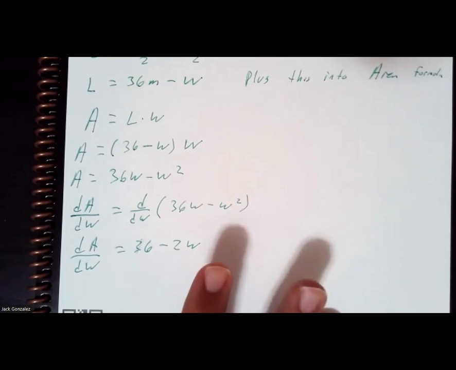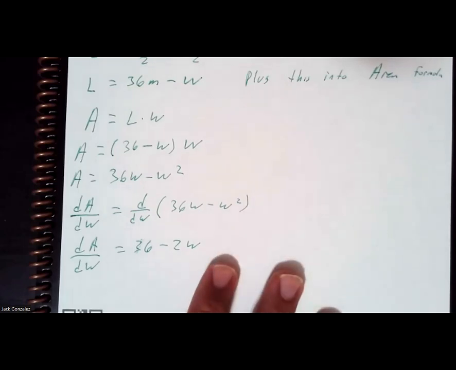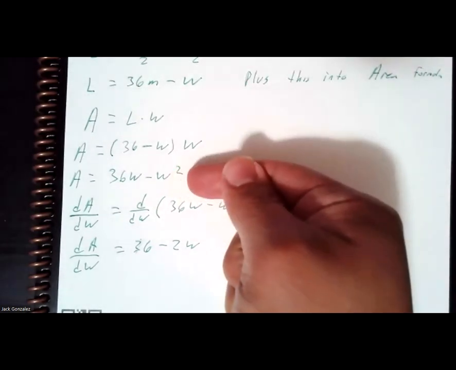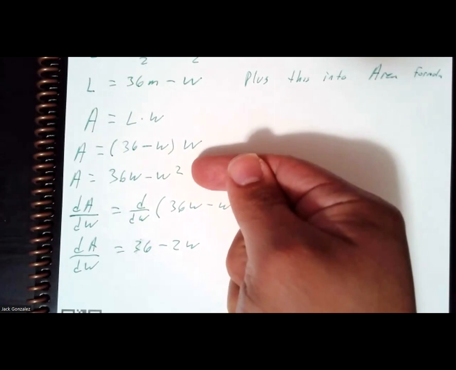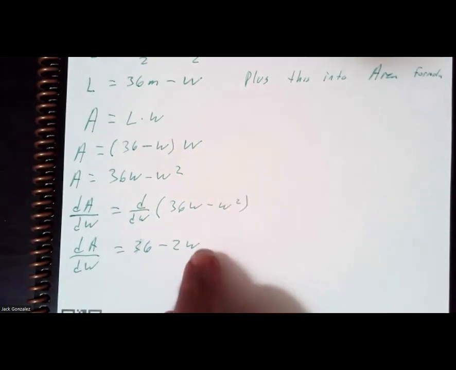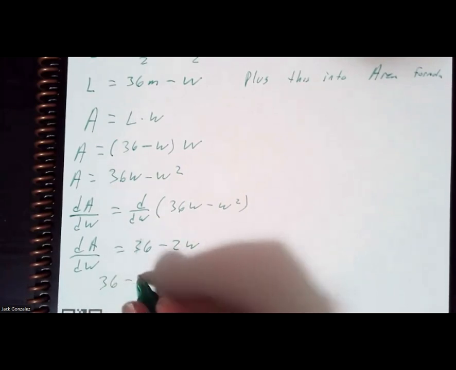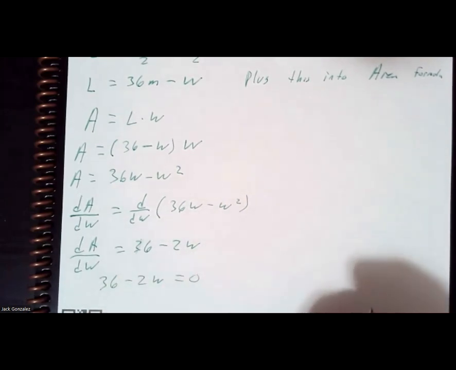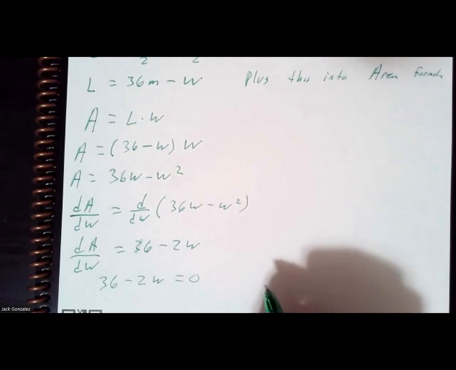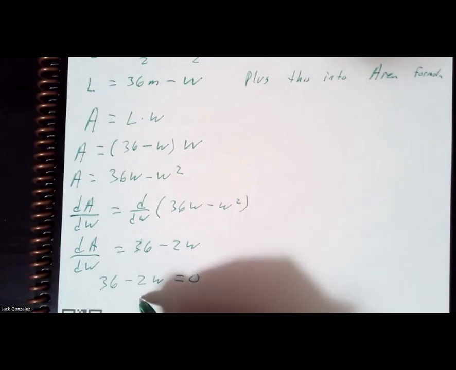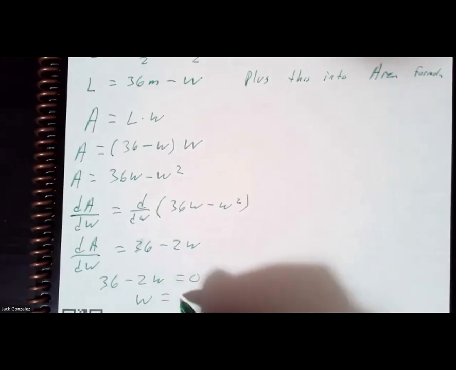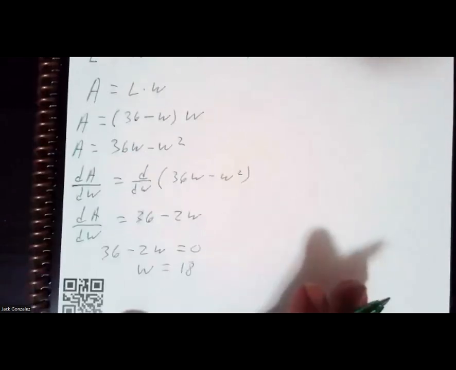Those critical numbers correspond to maximums and minimums. So this is some parabola, and the peak of the parabola will be the maximum. So set the derivative equal to 0 and solve. You're going to get a width of 18.